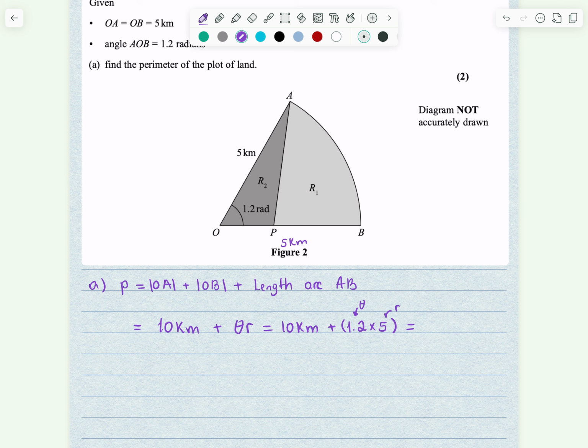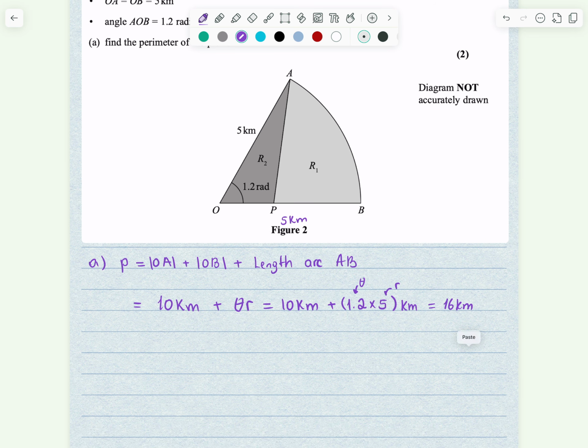Let me write the unit, kilometer. So that's going to be altogether 16 kilometers. So 6 plus 10, that's the easy one.